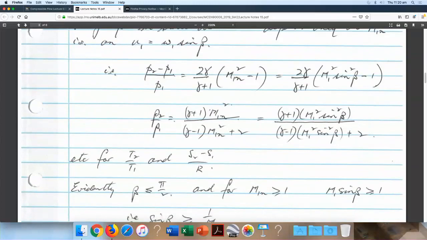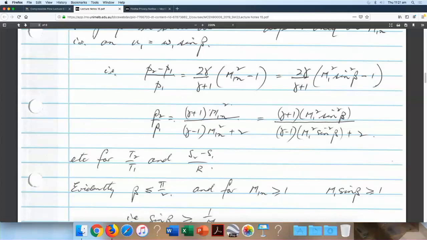Now, evidently, beta, this angle of this oblique shock, it could be normal. And then I'd recover my normal shock wave. So the maximum value of beta is pi on 2, where it's a normal shock, for M1n greater than 1.